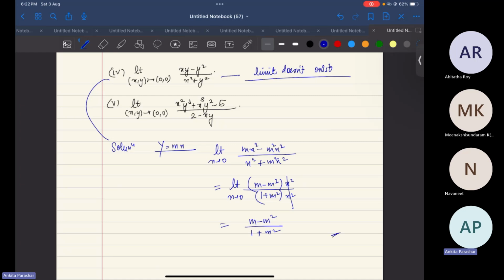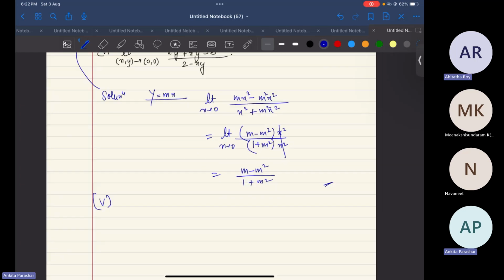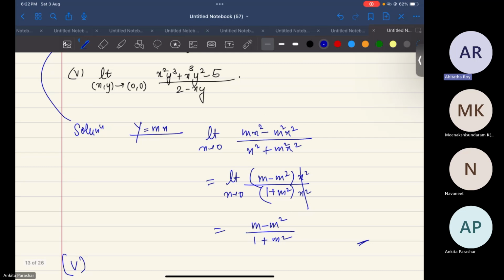Very good. So what can you say quickly about part number 5? This is also easy. Here things are quite straightforward. Assume you are taking limits going to 0.